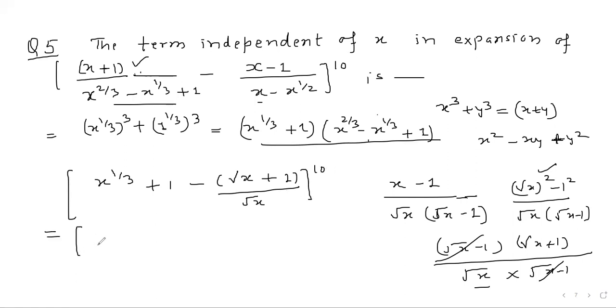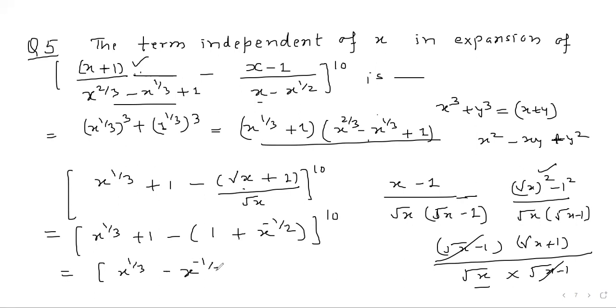Now x power 1/3 plus 1 minus, if we divide it separately, it will become 1 plus 1 upon root x, which will become x power minus half, and then whole power 10. Now 1 will cancel out, and we will be left with x power 1 by 3 minus x power minus 1 by 2, whole power 10.